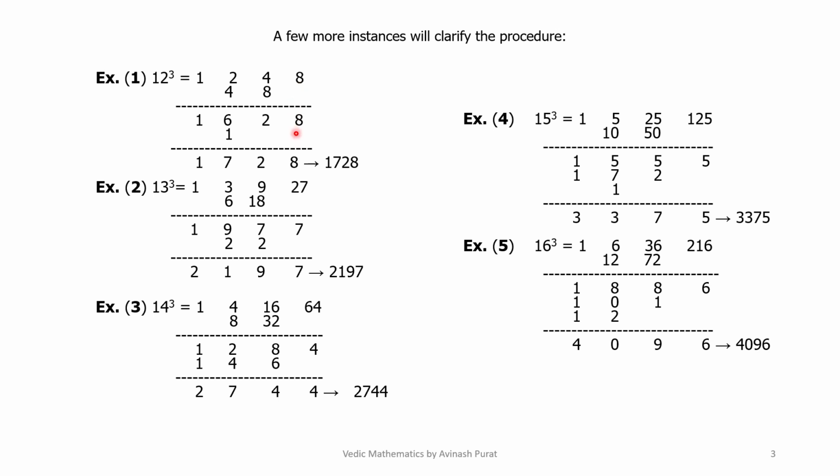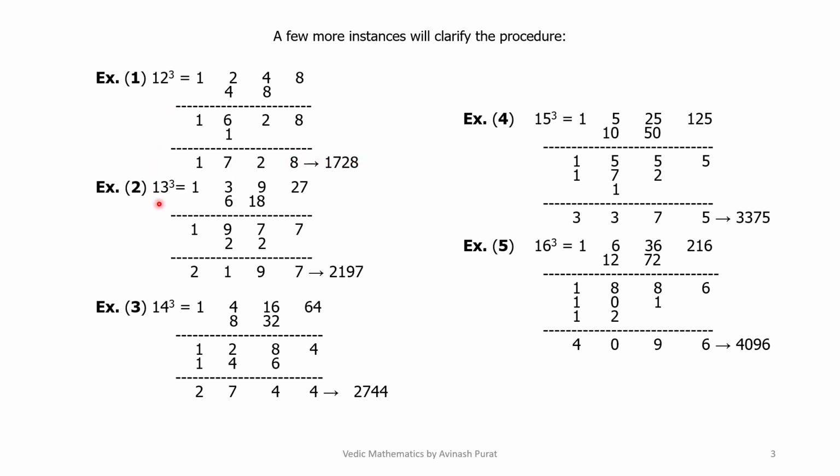So we take the total 8, 4 plus 8, 12. 2 is written down and 1 is taken to the left, and 2 plus 4 is 6, plus 1 is 7, and 1. The grand total is 1728, that is the cube of 12.